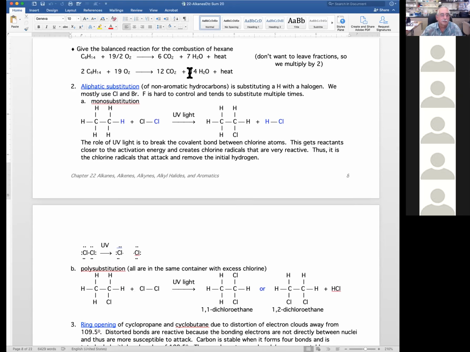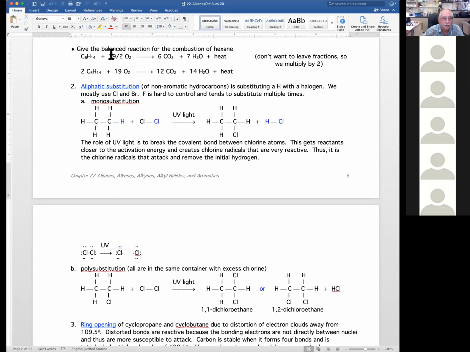What about for hexane? Okay, so 6 carbons, so I had to put a 6 here. Here I got 14, so I had to put a 7 over here, right? You get 14 hydrogens. Now to look at the oxygen, 12 oxygens plus 7 more is 19.